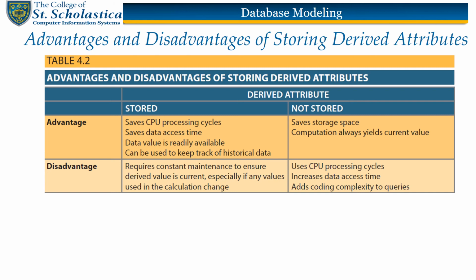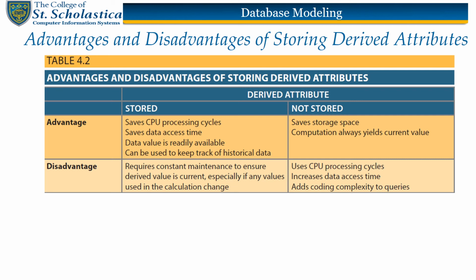The decision to store derived attributes in a database table depends on the processing requirements and the constraints placed on a particular application. Stored derived attributes save CPU processing cycles and data access time, which makes a data value readily available. These stored values can be used to keep track of historical data.